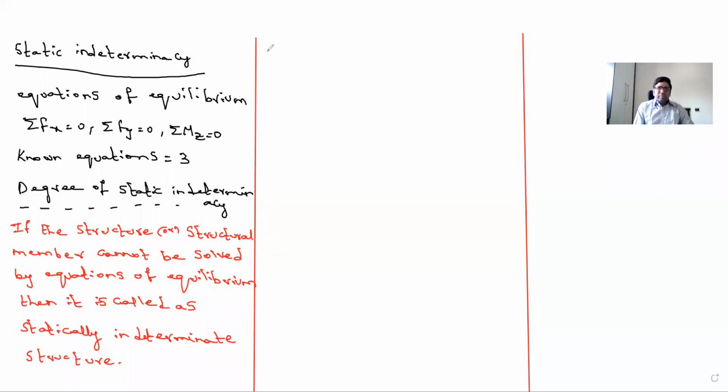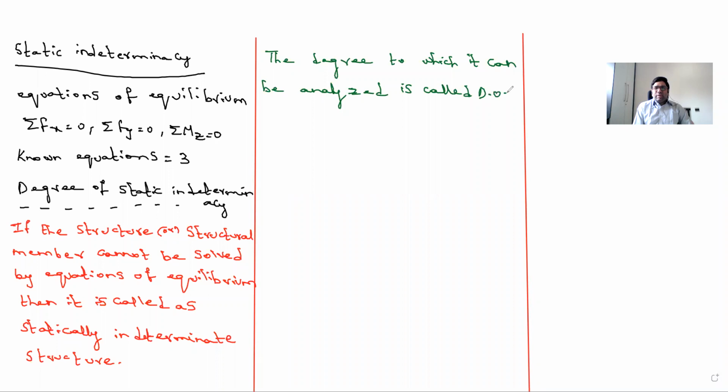And then the degree to which it can be analyzed is called the degree of static indeterminacy.